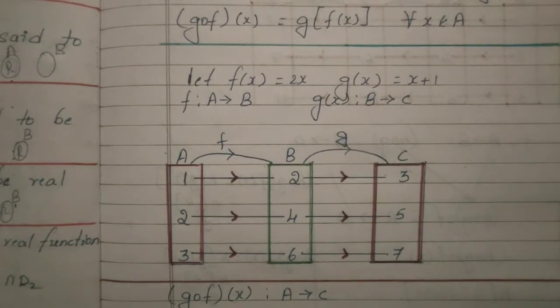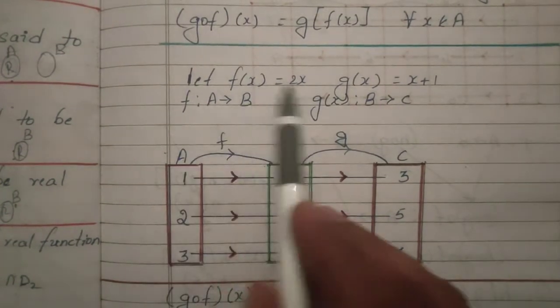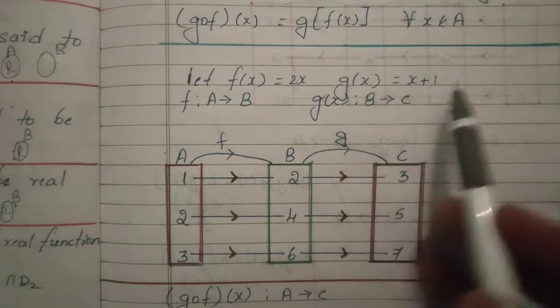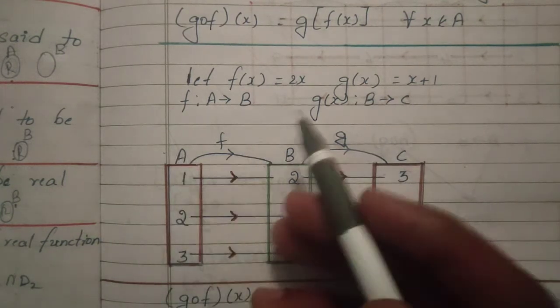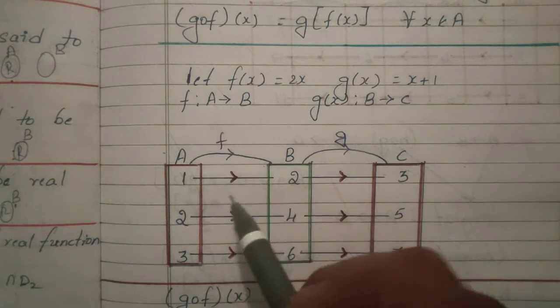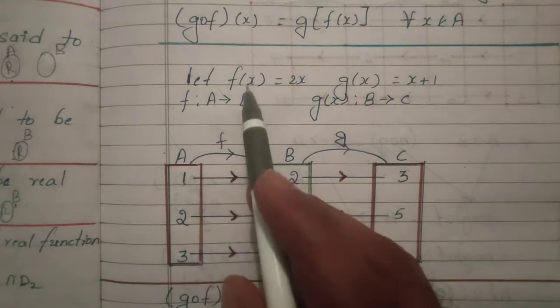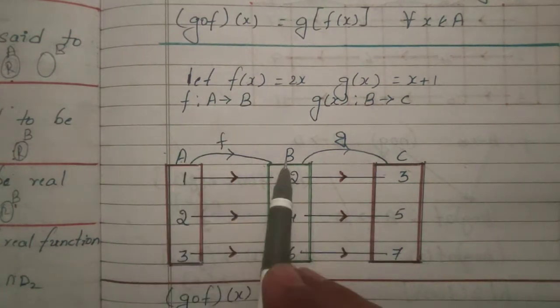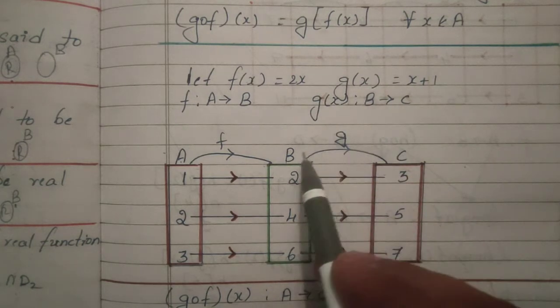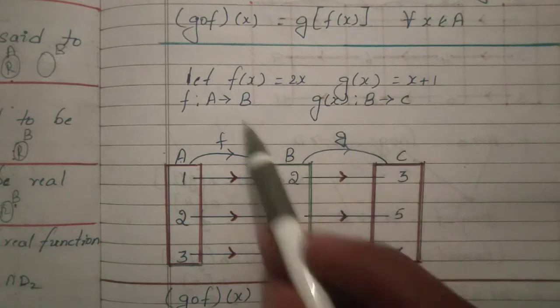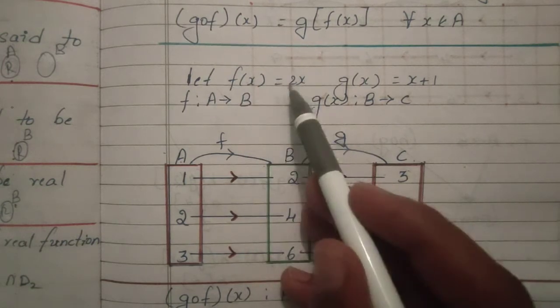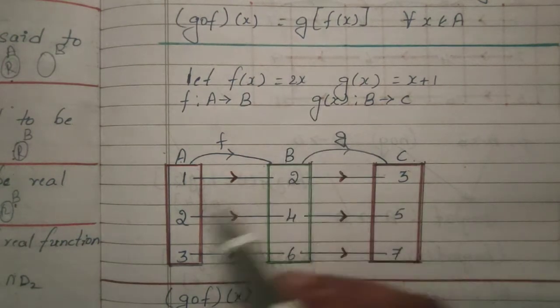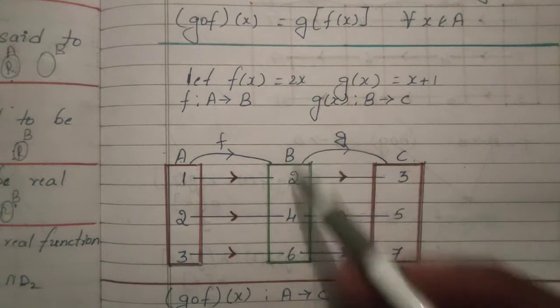Here f of x is 2x, g of x is x plus 1. I am taking some natural numbers. f function from A to B, g function from B to C. If I take 1, f of 1 is 2 into 1, which is 2. If I take 2, 2 twos are 4.